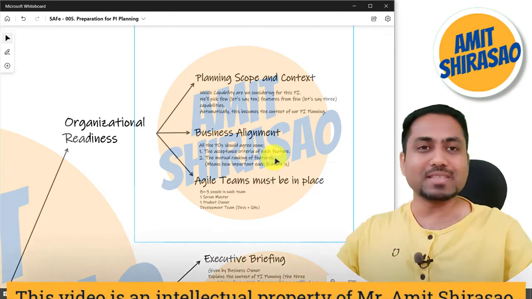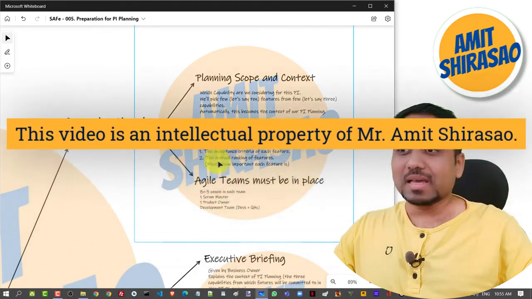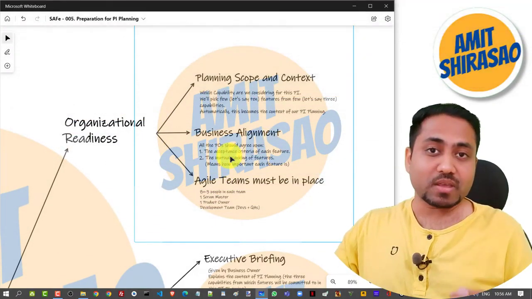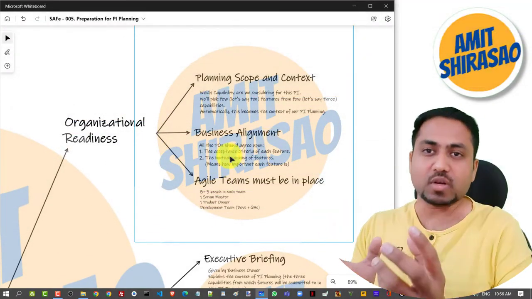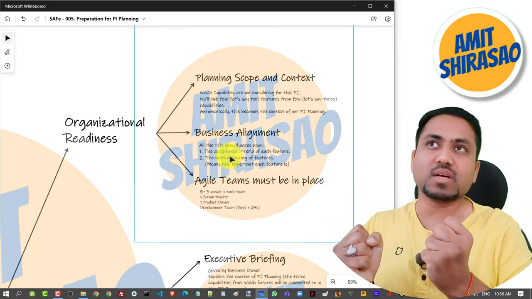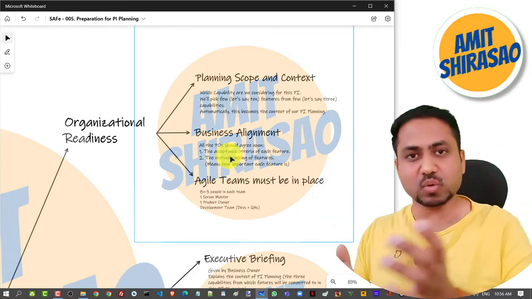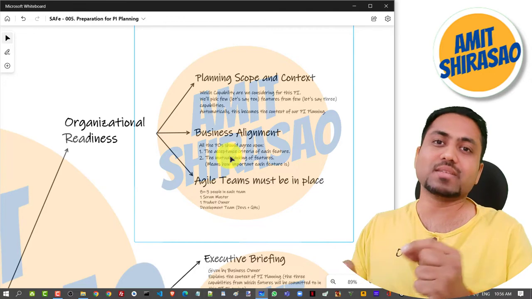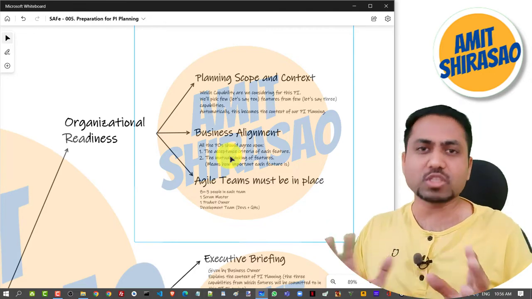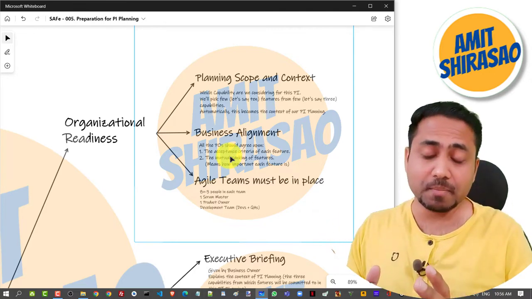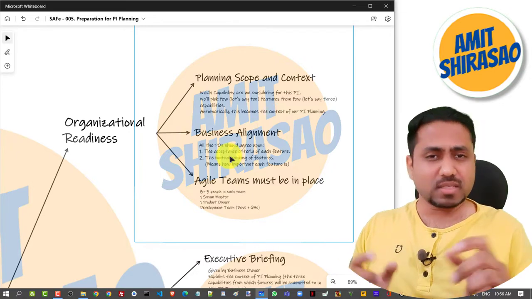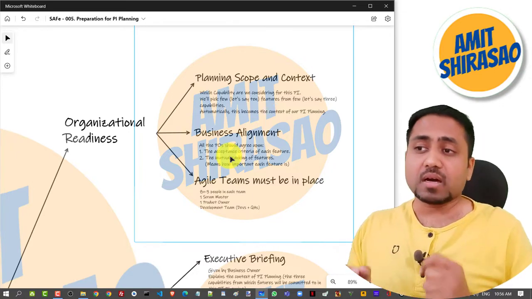Okay, so that is business alignment. And of course, the overall story points. Even if the story points are not clear, it's okay. In the PI planning meeting also you can discuss it a bit, but mostly the story points are clear by then. Okay, and these are ballpark figures, of course.